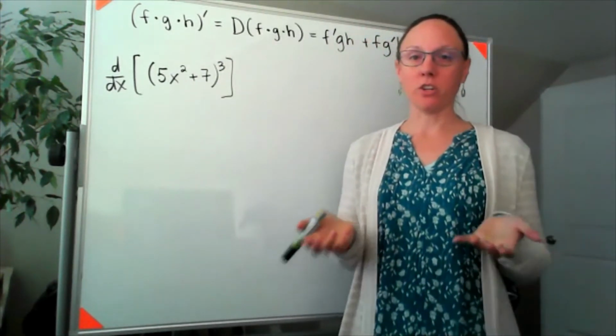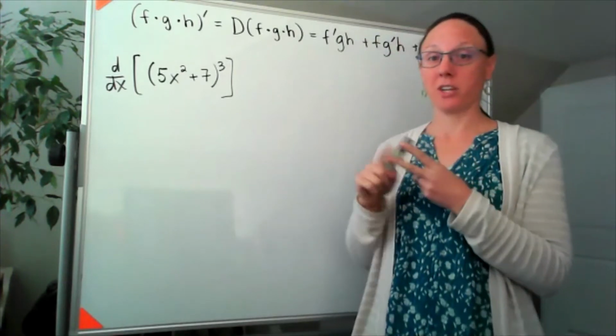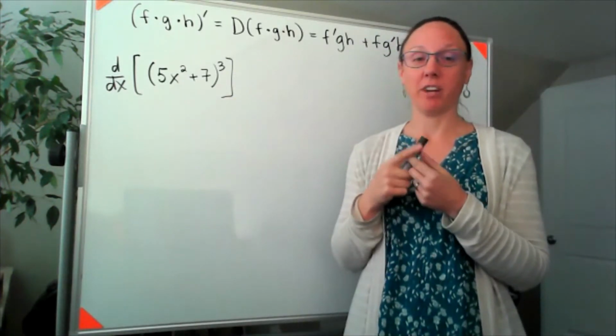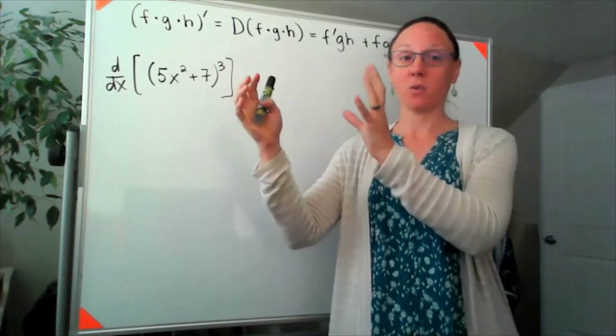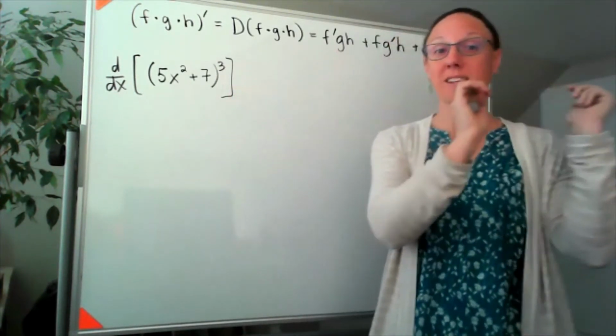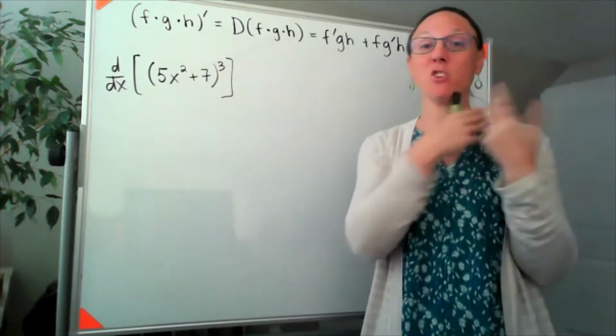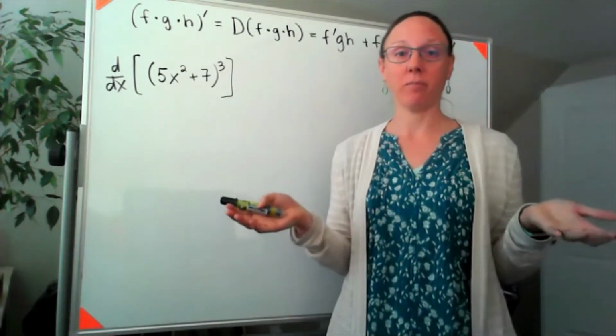Well, before we learned chain rule, we had two options for trying to find this derivative. Option 1 would be to write that as 5x squared plus 7 times 5x squared plus 7 times 5x squared plus 7 and do the algebra to multiply all of that out.